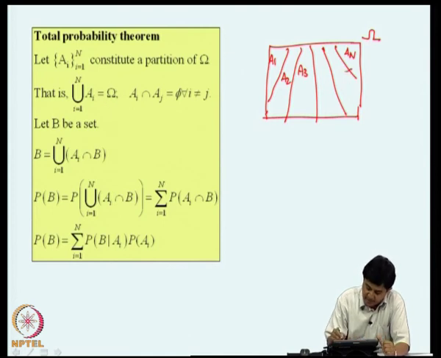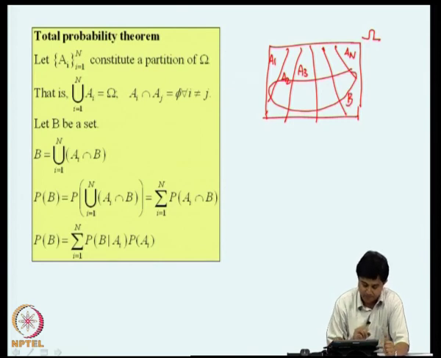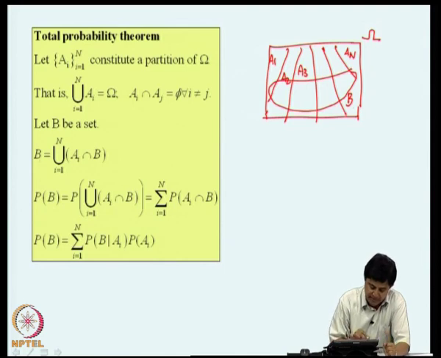Now let us consider a set B. Now B itself can be thought of as the union of the common elements between B and An, common elements between B and An minus 1, so on and so forth, common elements between B and A1, that is, the union of Ai intersection B, and these are mutually exclusive.